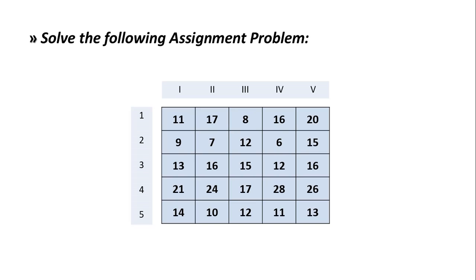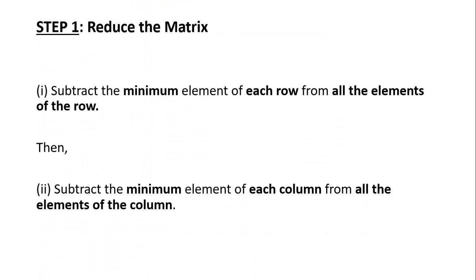So moving on, like I said, it is a 5 by 5 matrix, or a table of order 5, with those numbers. As we have discussed earlier, when we solve assignment problems, there are steps, or the flow chart. In the flow chart, if you have gone through the textbook diagram, the first step is to reduce the matrix.